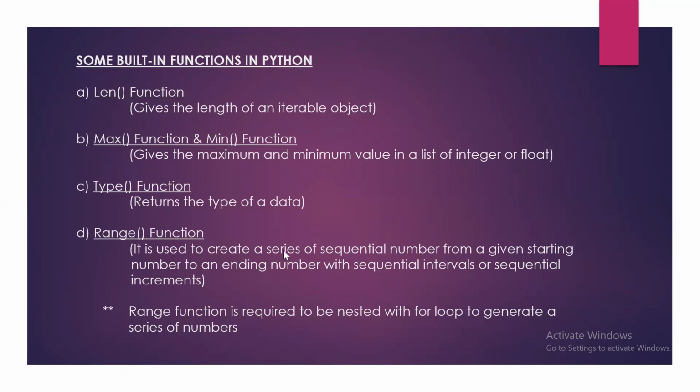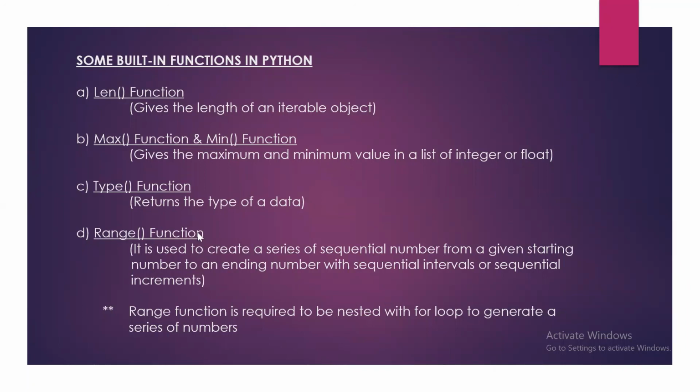The range function is used to create a series of sequential numbers from a given starting number to an ending number with sequential intervals or a sequential increment. And the range function is required to be nested with a for loop to generate the series of numbers.